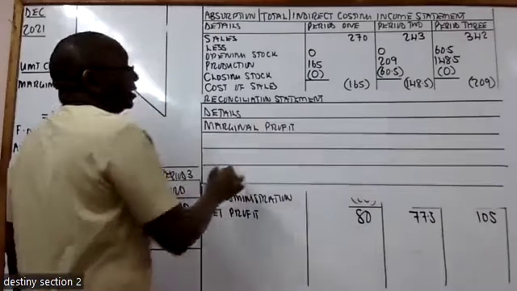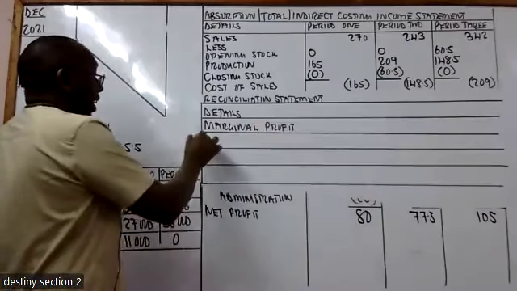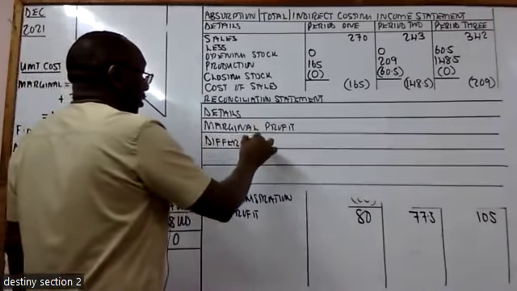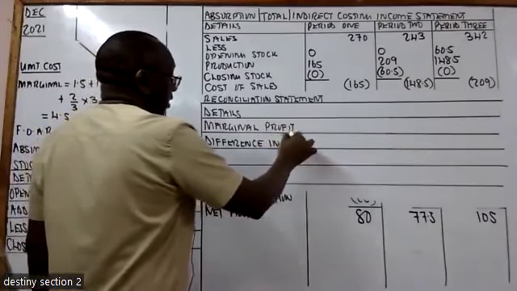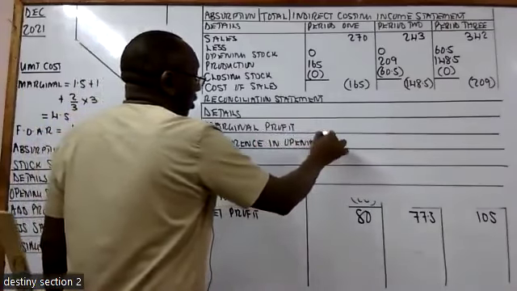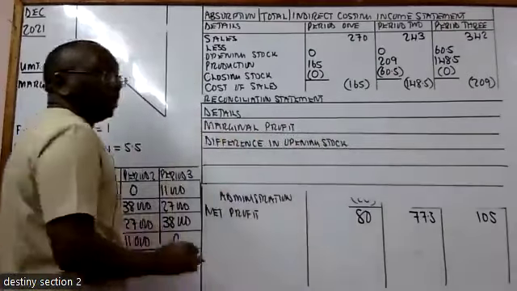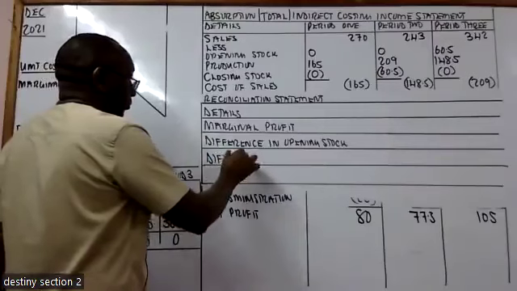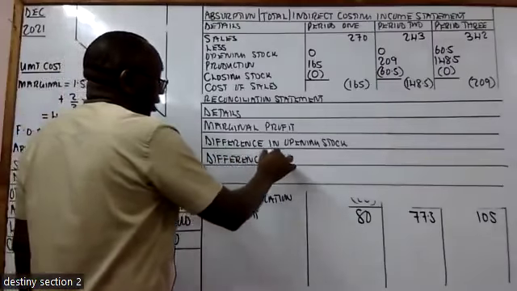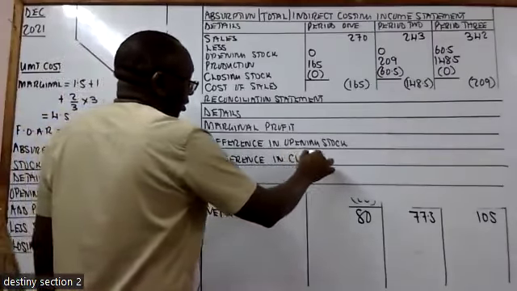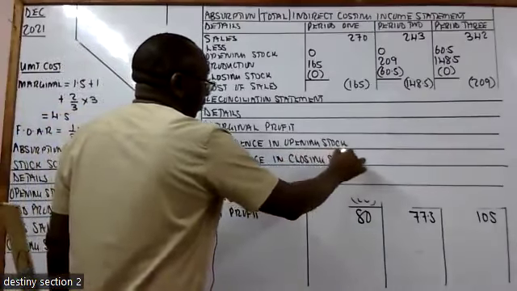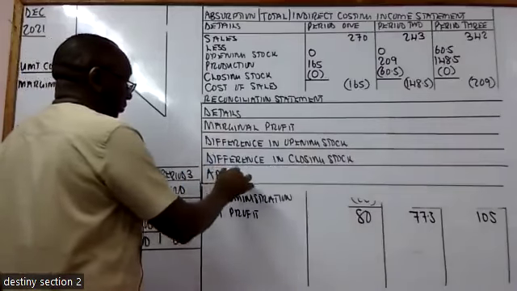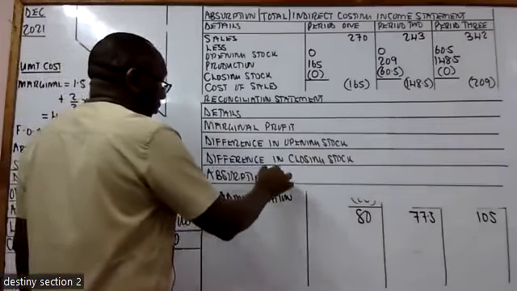Marginal profit. Then you tell us difference in opening stock. Then you say difference in closing stock. And then you get absorption profit.